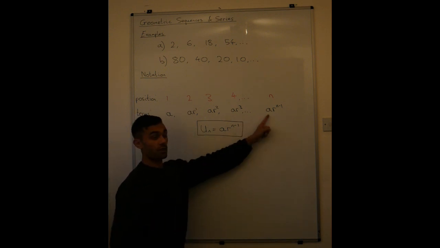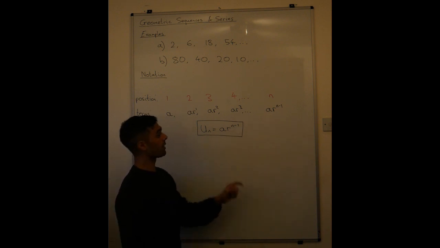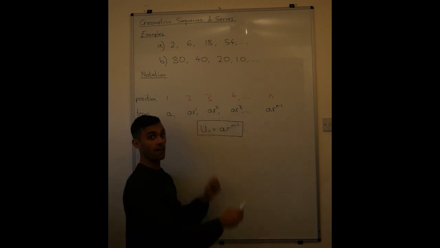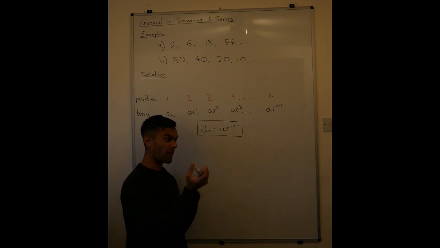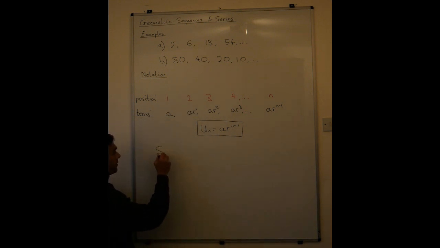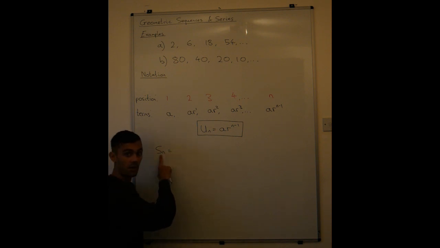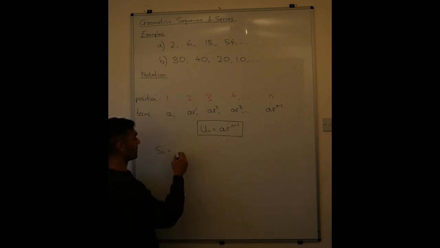This is a geometric sequence. A geometric series is when you add the terms together. And just like with arithmetic series, it's denoted by the symbol Sn, which means the sum of n terms. And all Sn is, I'd simply write my terms again, but summed.